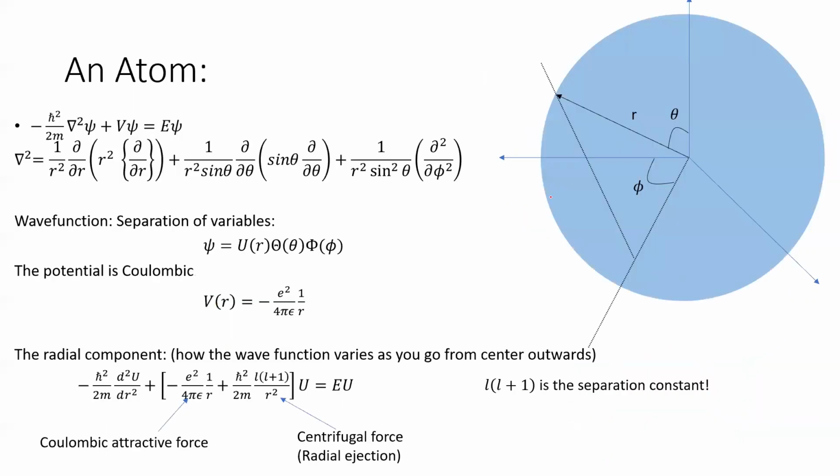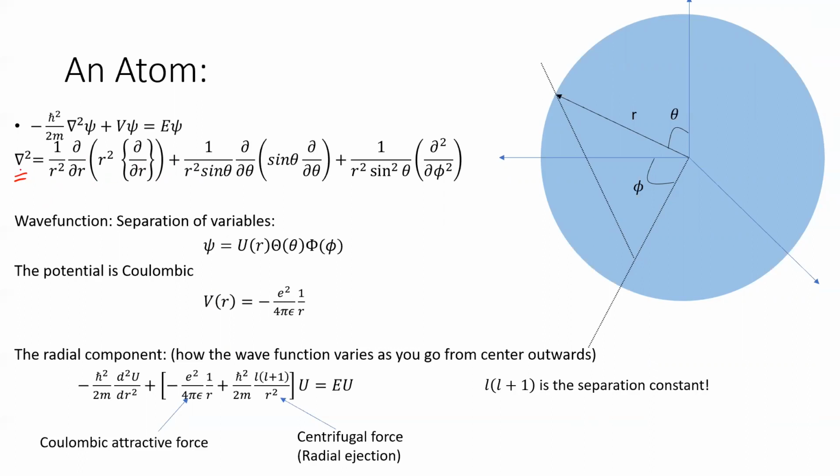To solve the problem of an atom, you once again solve the Schrödinger equation. But the difference now is that your del square is now in a spherically symmetric potential. When you have a spherically symmetric potential, you stop using the Cartesian coordinates and go to spherical coordinates with r, theta, and psi.